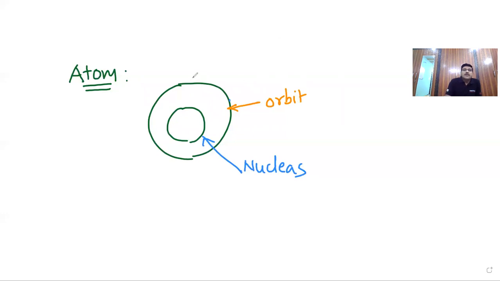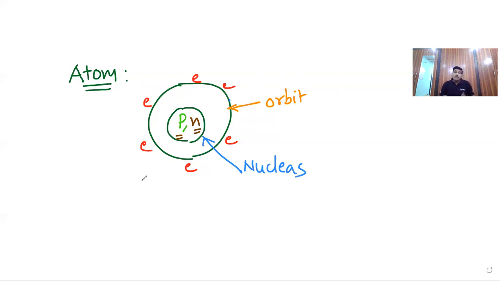In the orbit, all the electrons move. In the nucleus, there are protons and neutrons. N stands for neutron, and P stands for proton in the nucleus. Nucleus is the core part of the atom.